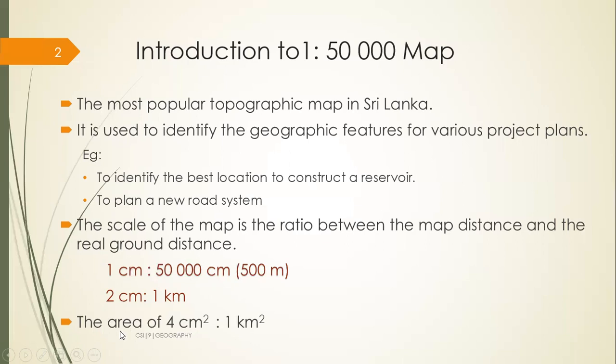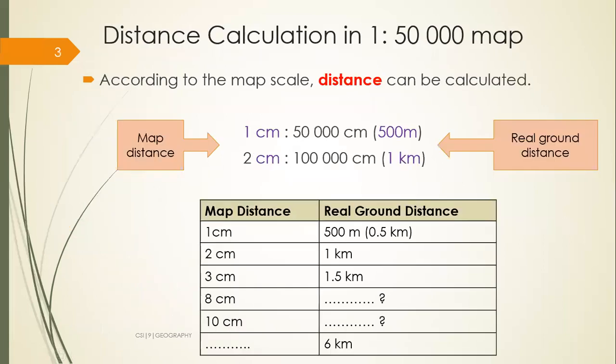Then if you go to the area of the map, 4 square centimeters of map will show you 1 square kilometer of the real ground. Then we will go into detail on distance calculation in the 1 to 50,000 map. For this, you should identify the scale of the map clearly.